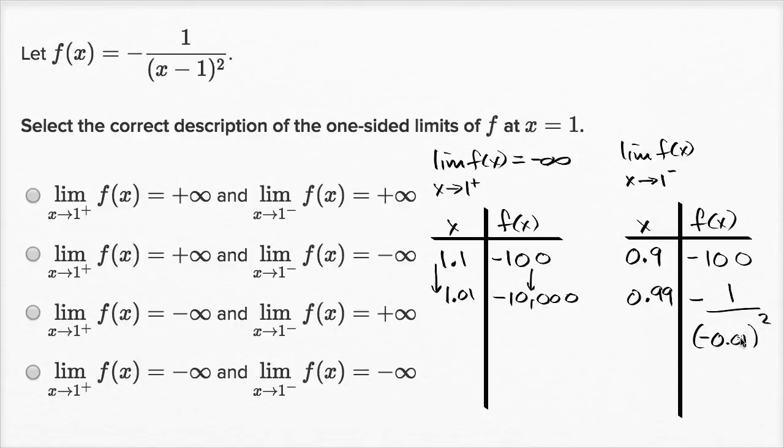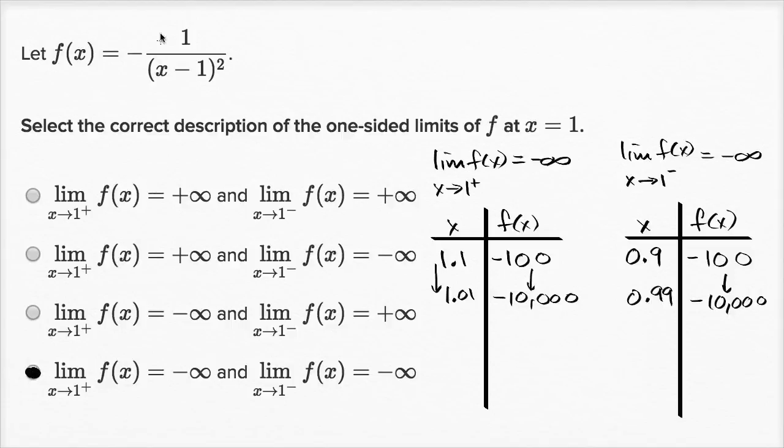Well, when you square it, the negative goes away, and you're left with 1/10,000th. So this is going to be 0.0001. And so when you evaluate this, you get 10,000. Or sorry, you get negative 10,000. So in either case, regardless of which direction we approach from, we are approaching negative infinity. So that is this choice right over here.